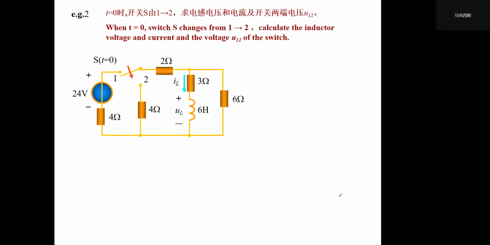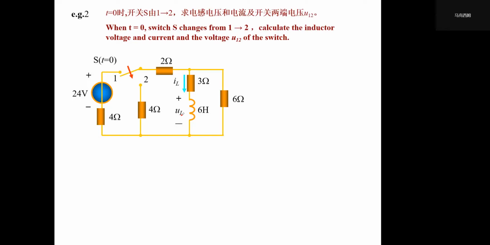Let's see another example. At time 0, we switch the switch from port 1 to port 2. So I would like to know the value of the current and the voltage of the inductor.